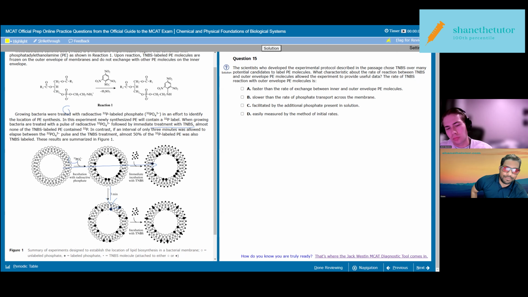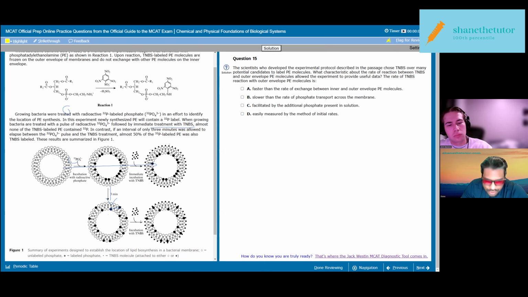Whereas if you did it immediately, the thing is that once you add TNBS, it will start to add to the molecule. So if you did it really quickly, it's just being added to the outside.